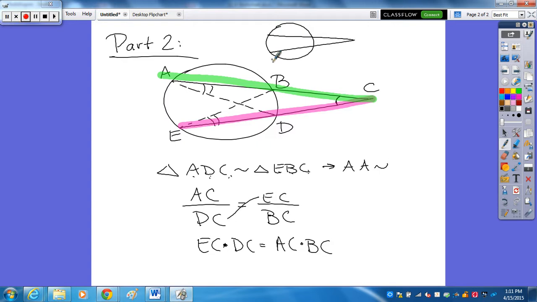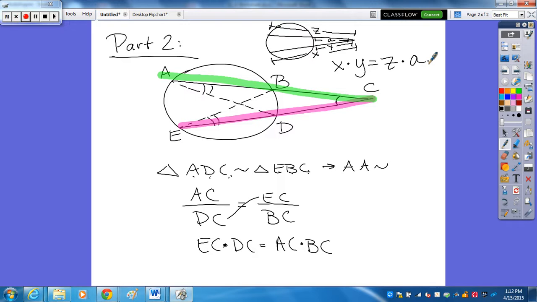So I'll label this whole length X, and then this length Y. For the other one, AC is the whole length, so we'll label this whole length Z, and then this length right here, I'll label as A. If we take the whole length of the secant ray and multiply that by the portion of the secant ray that's outside the circle, that will equal the whole length of the other secant ray times its outside portion outside the circle.